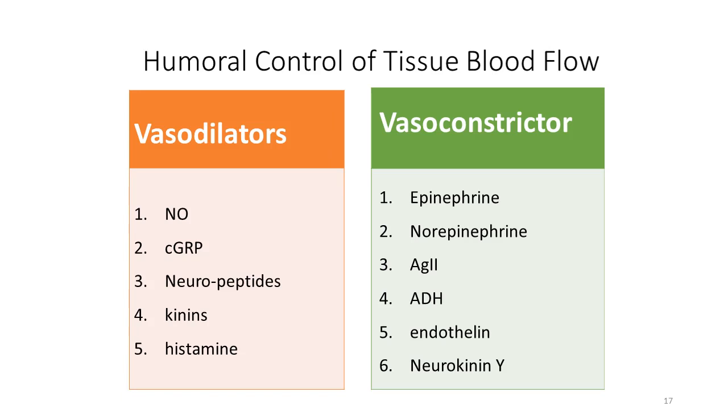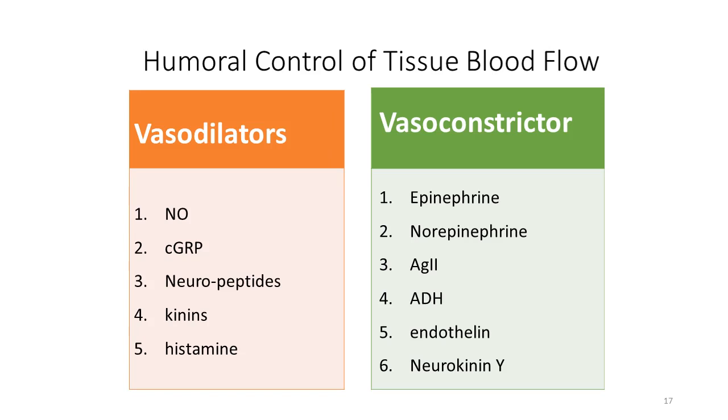Nitric oxide, or NO, is an important vasodilator. NO is produced by endothelial cells and inhibits the contraction of smooth muscles and acts as a vasodilator.